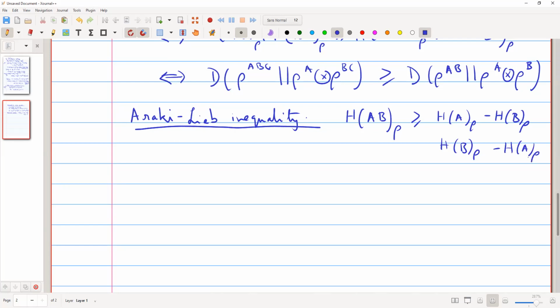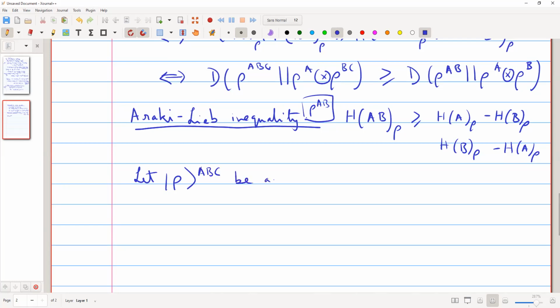Let's prove this. Of course, when I'm doing this, there's an underlying joint density matrix rho_AB sitting in the picture to make sense. So let me take a purification of rho_AB. I will tell you more about what this means.